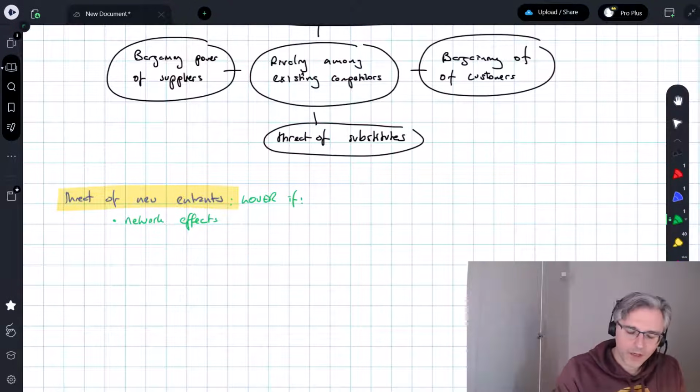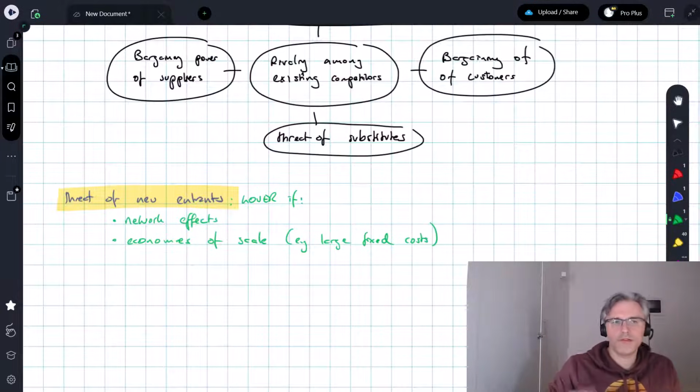Another thing that's going to make the threat of new entrants lower is if we enjoy economies of scale, because those economies of scale are typically associated with large fixed costs.